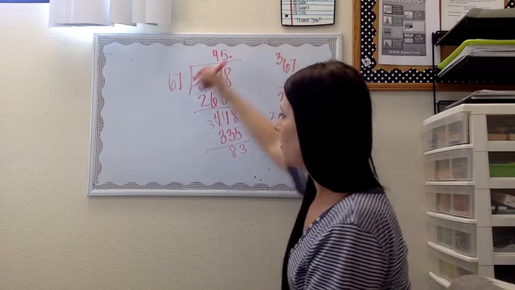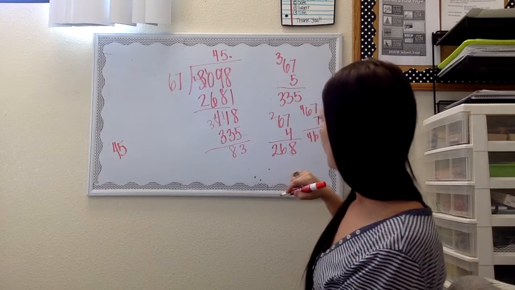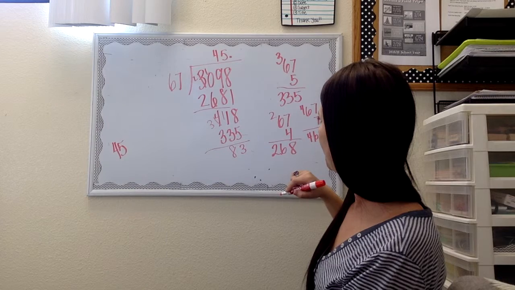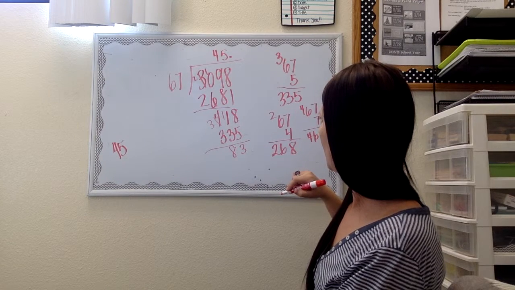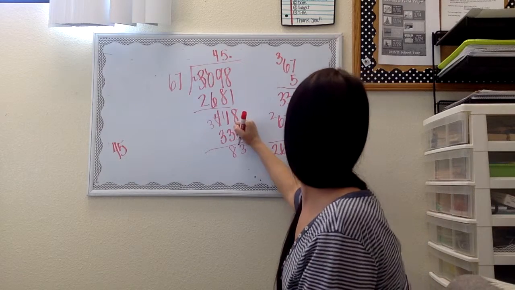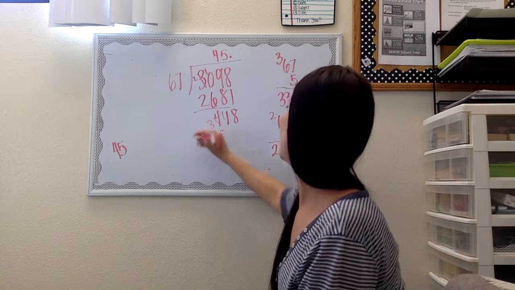Now we can say 45. Oh, I messed up. Something happened. Should not be 83. So 3, let me try that one more time.